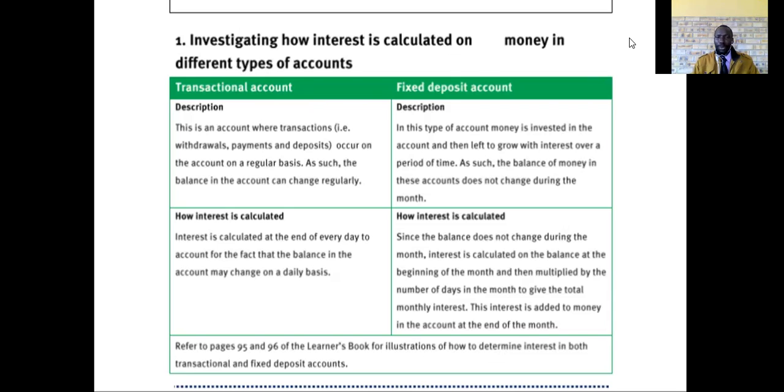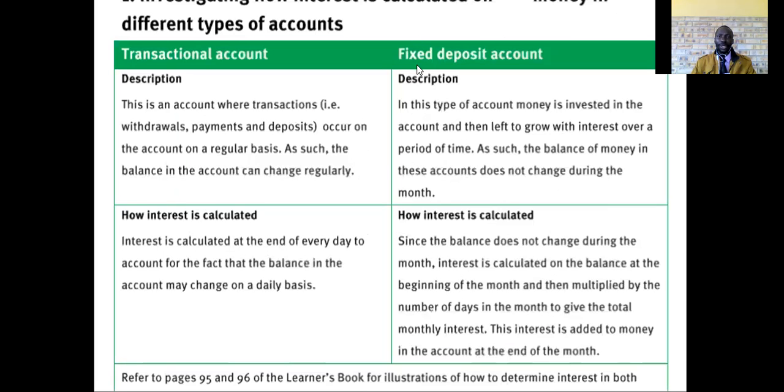Banks will charge you different amounts, and you really need to know how this money is calculated and which type of account you are operating.